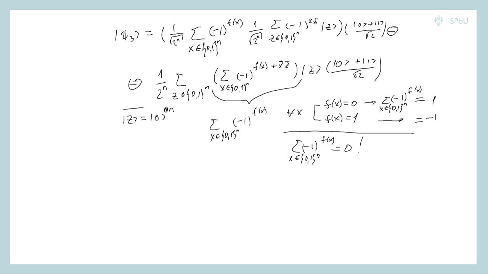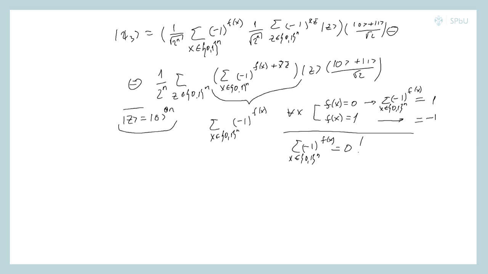So, after the measurement of the first register, in the case of constant f, we obtain the string of n zeros. And in the case of the balanced function, if f is the balanced function, the sum of the bits will not be equal to 0.